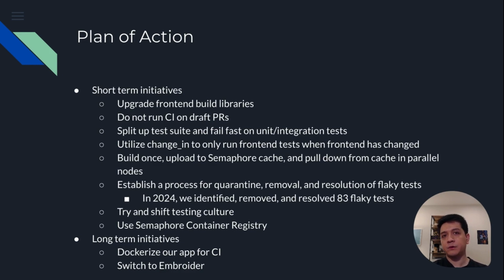And we weren't using any Docker images there, but we decided to go forward and Dockerize the image for CI purposes as well, so that we could build the front end and back end, upload an image on a parent CI step, and then pull it down for all the parallel nodes.